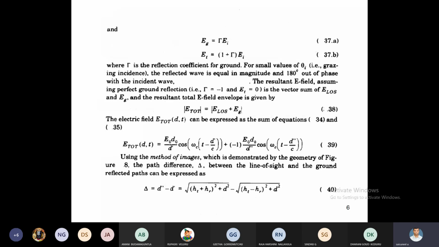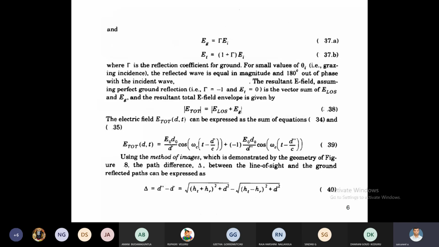The modulus of E total is equal to the modulus of E line of sight path plus Eg. Then substitute the previous equations, 35 and 35.